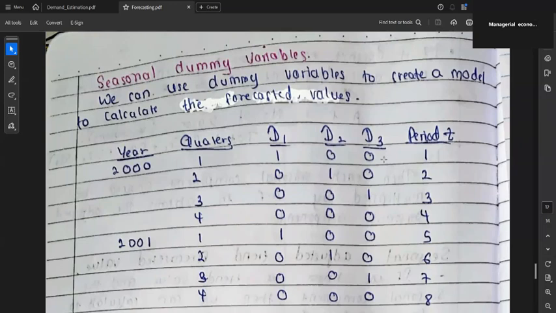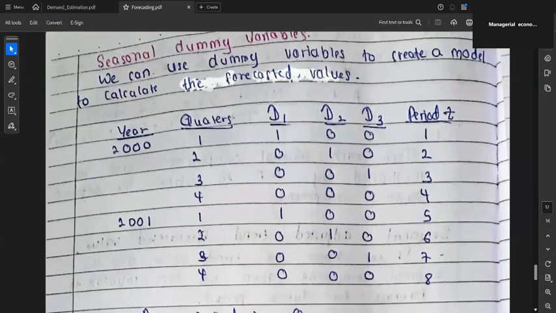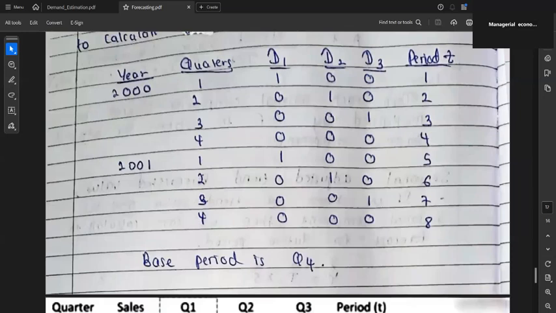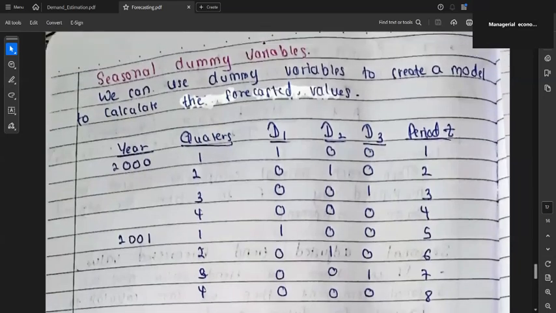We can use dummy variables to create a model to calculate the forecasted value. In here, each seasonal component is given a dummy variable. We have 4 seasons. One season has to be the base period. In here, the quarter four season is the base period, and the other seasons are given values.